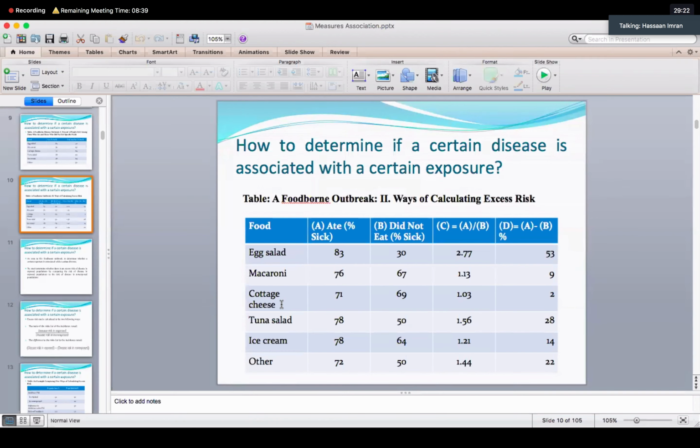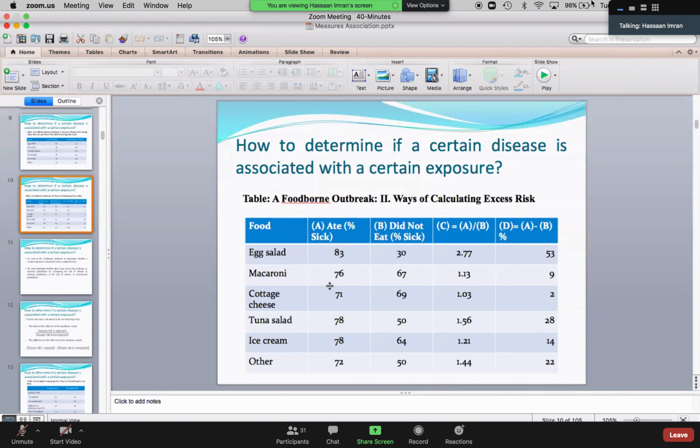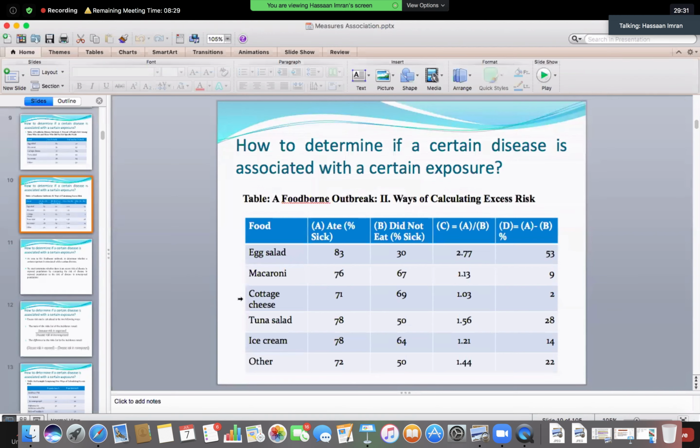Similarly for cottage cheese, tuna salad, ice cream and others. Whenever there is a foodborne illness or an outbreak for any reason, they do this sort of plotting to identify the culprit food item. In this scenario, which food item might be the culprit behind this illness or outbreak?